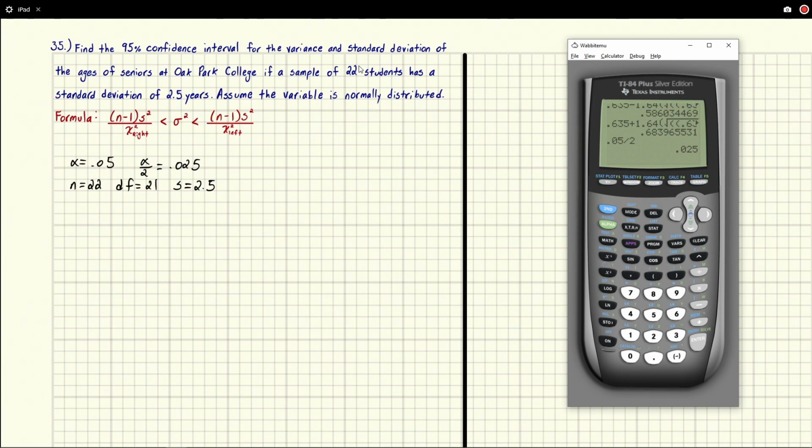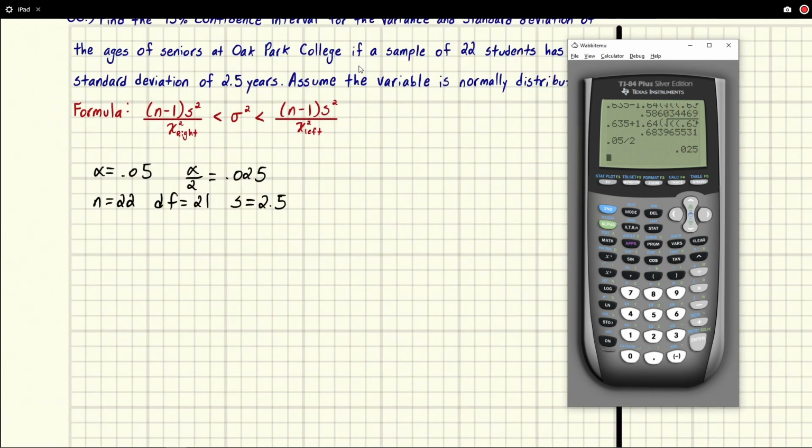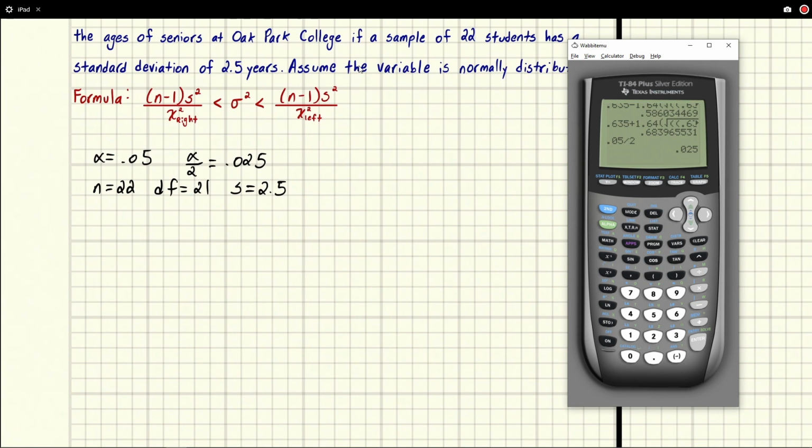We still need to find this chi right, chi left. So the chi right, chi left is going to correspond with a value of 0.025. Let me draw out a distribution because I think it's much easier to see visually. There's going to be one on the right and one on the left. This shades up to 0.025 on each side.